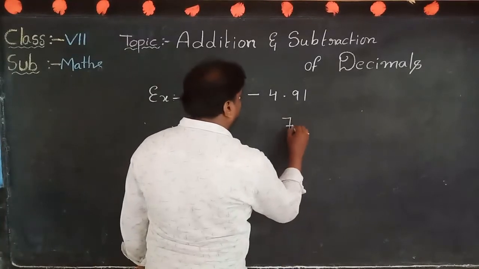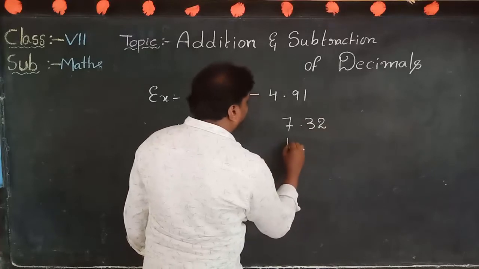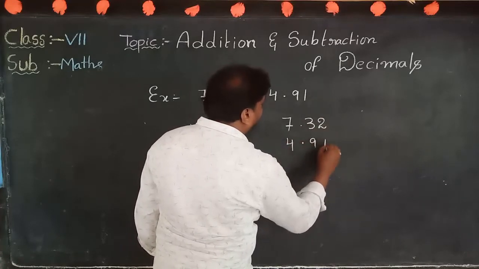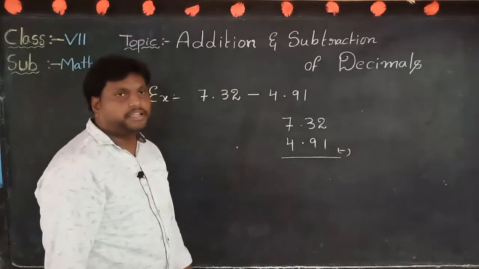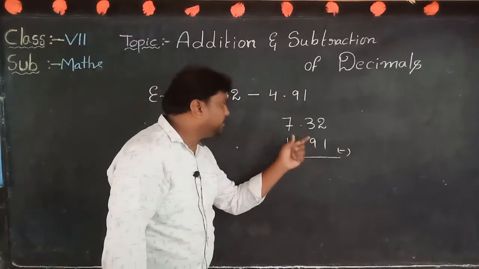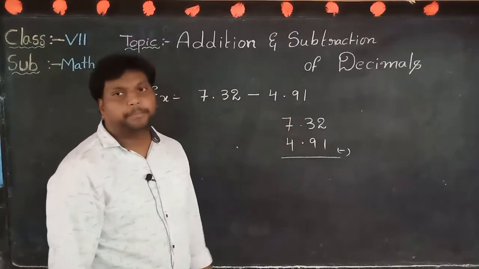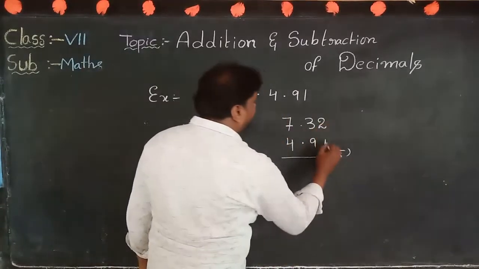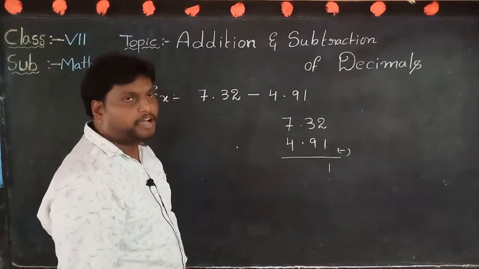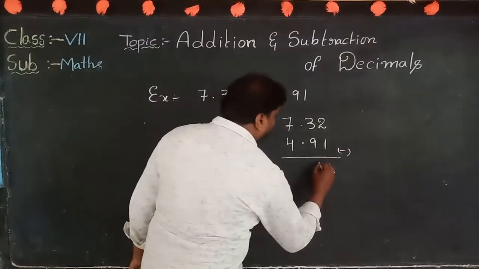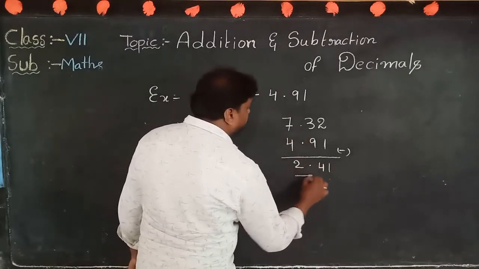Then 7.32 minus 4.91, the subtraction operation. Here also we are depending upon the decimal point. Then see, 2 minus 1 is 1, 3 minus 9 is not possible, take borrow, 13 minus 9 is 4, and 6 minus 4 is 2.